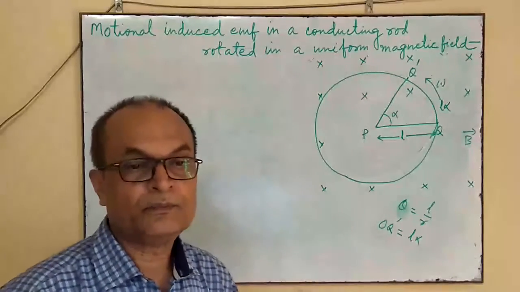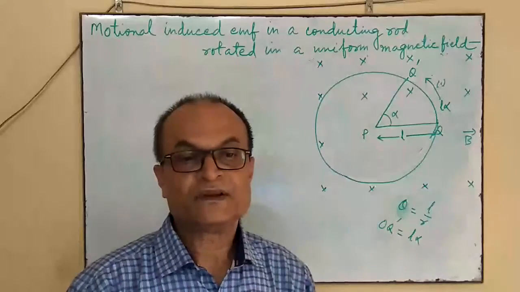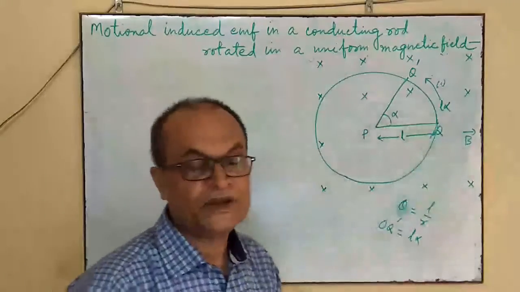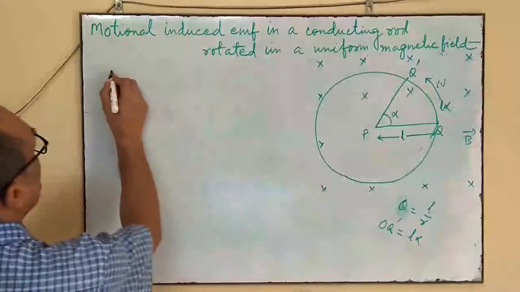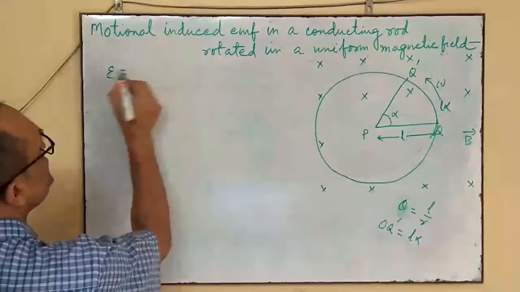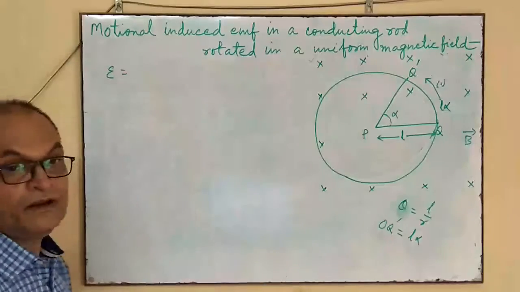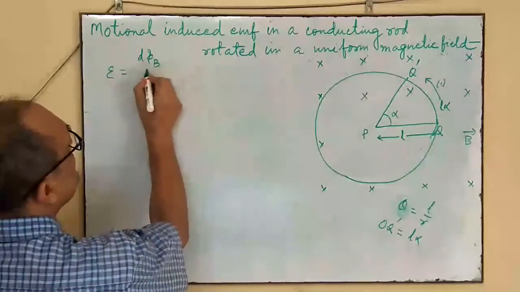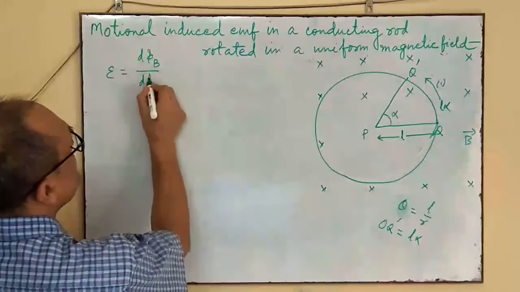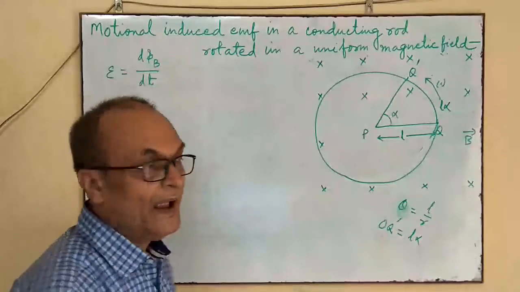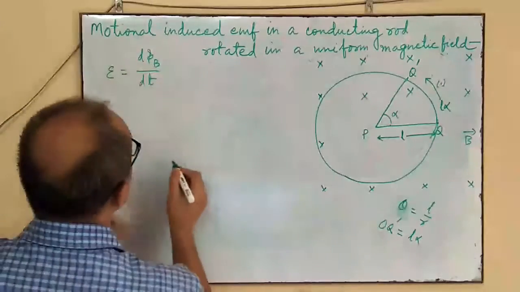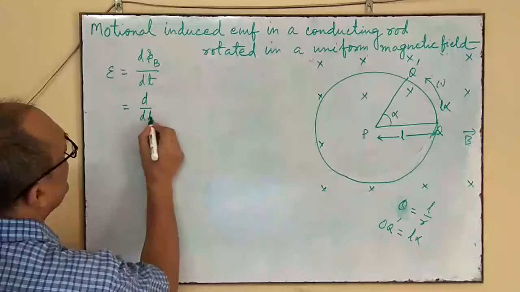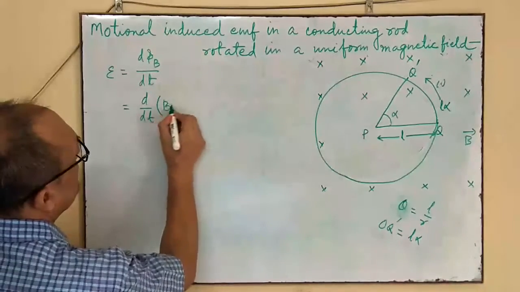So now the magnitude of the induced EMF across this rod PQ, according to Faraday's law, equals d phi B by dt, and we know here phi B equals BA.